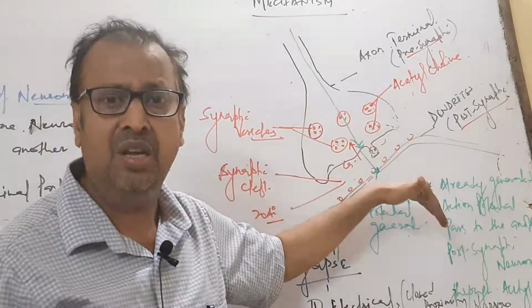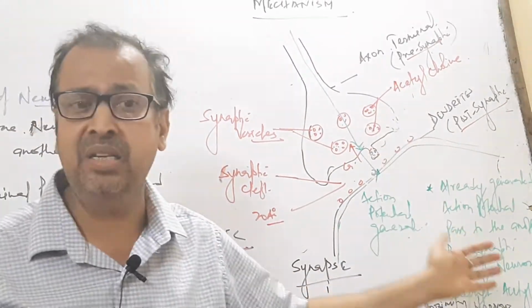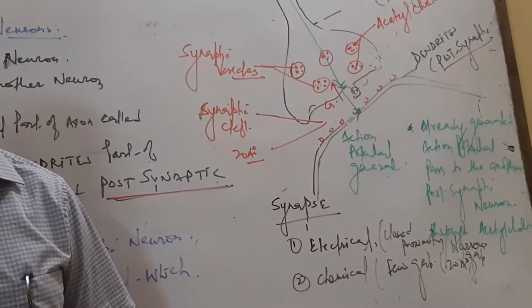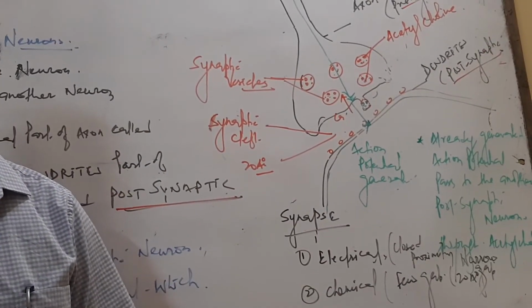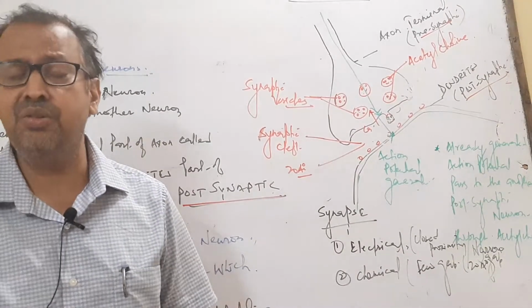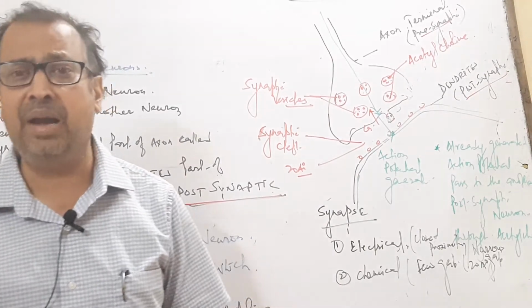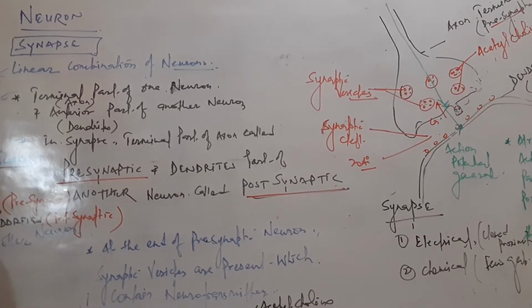So the neurons generate the action potential, and the stimulus or nerve impulse goes to the other neurons. The continuity of the nerve impulse is maintained, and we get the signals from one neuron to another neuron. This is the whole mechanism of how we get signals from one neuron to another.